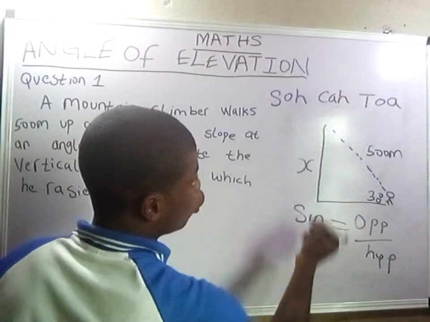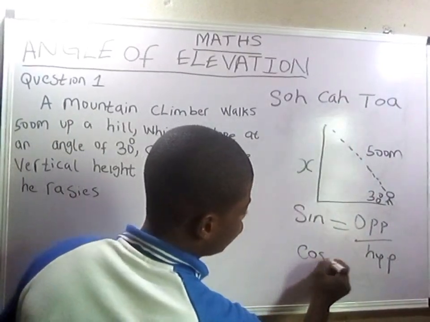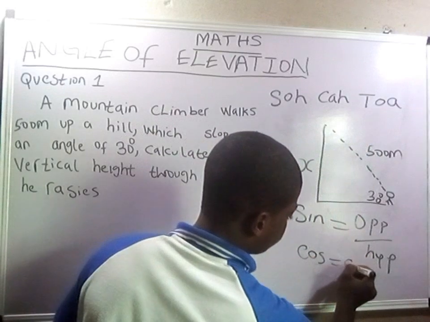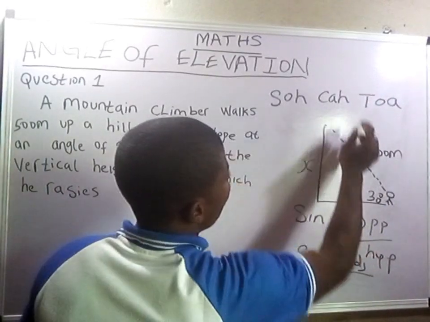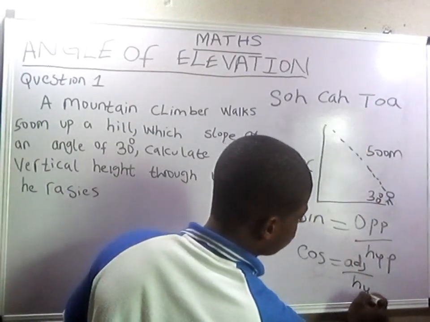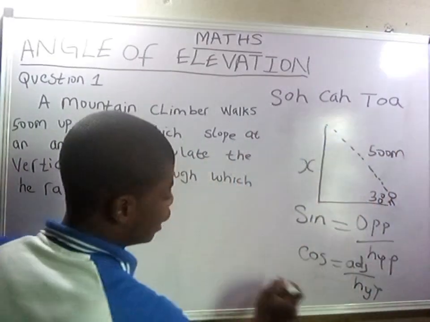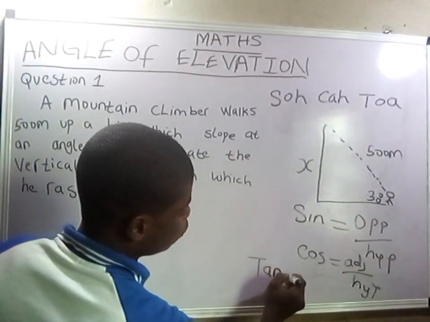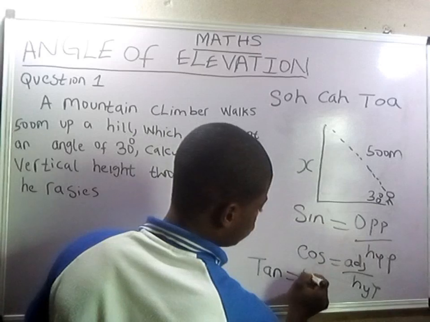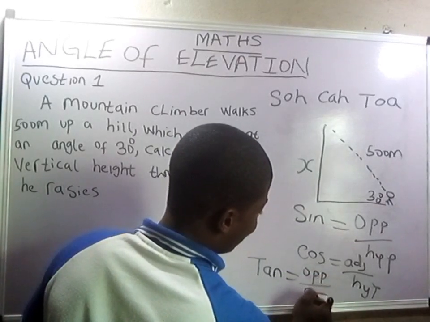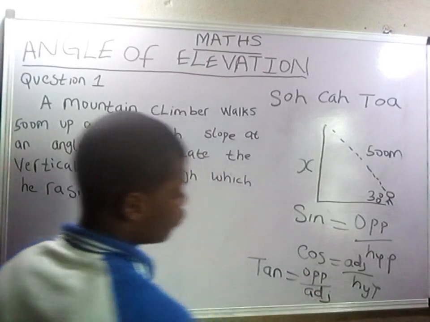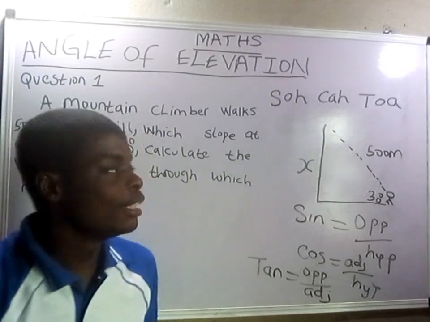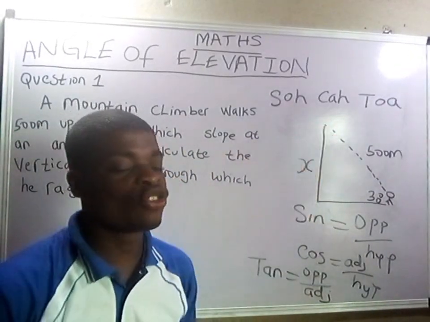Then cos is adjacent over hypotenuse. Then the last one, which is tan, is opposite over adjacent. So this is like an acronym which you should remember.